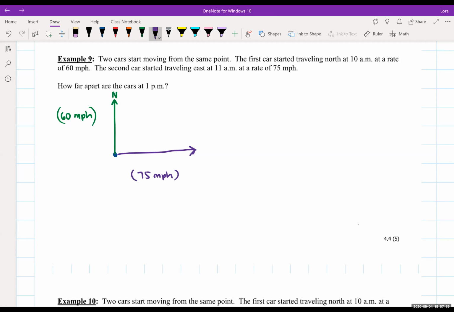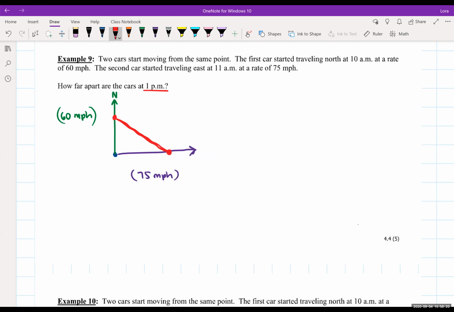And what they want to figure out is how far apart the cars are at 1 p.m. If the cars are strictly traveling on the same path, so there's no curving happening, each car will have a set position exactly at 1 p.m. If you were in the sky in a plane and you took a picture of both of the cars exactly at 1 p.m., you would see their positions. When they want to know how far apart they are, they're just asking for the length of this line that separates them.